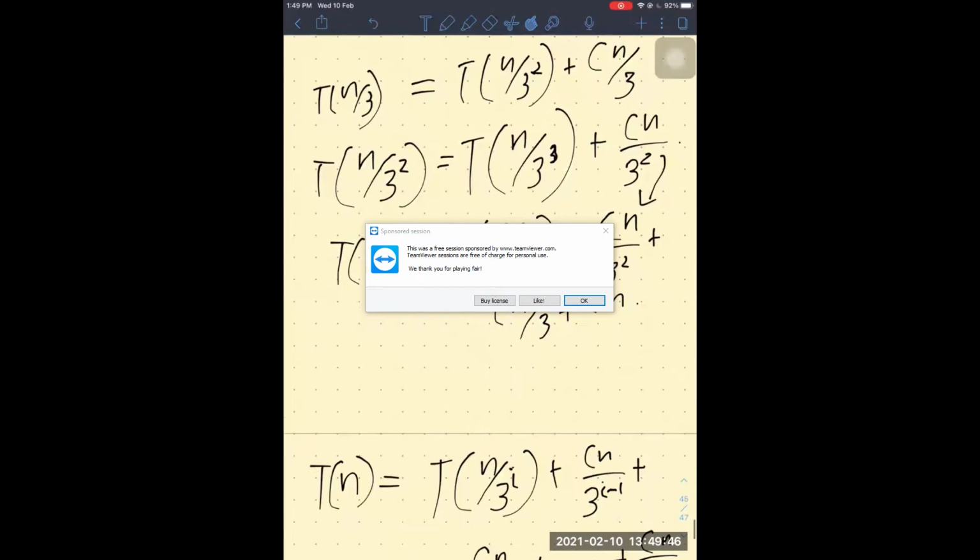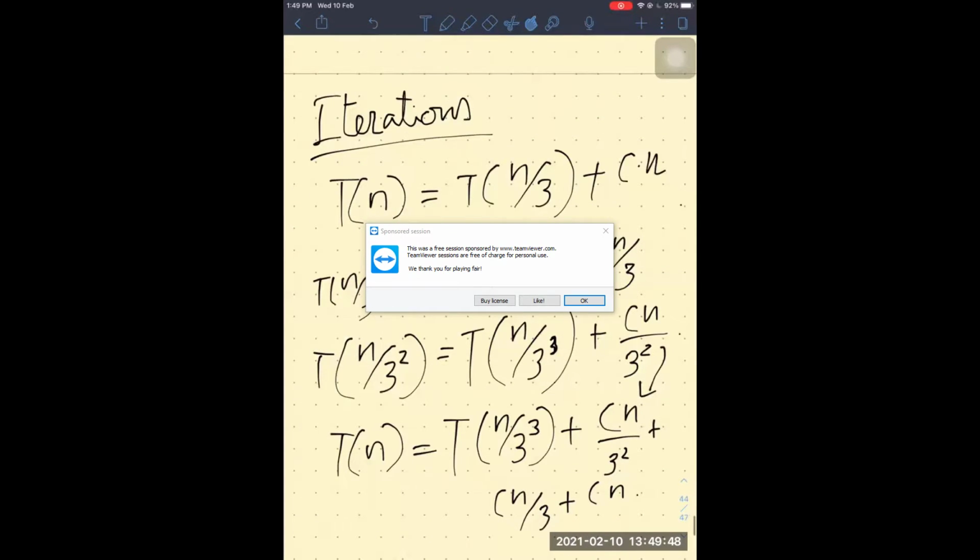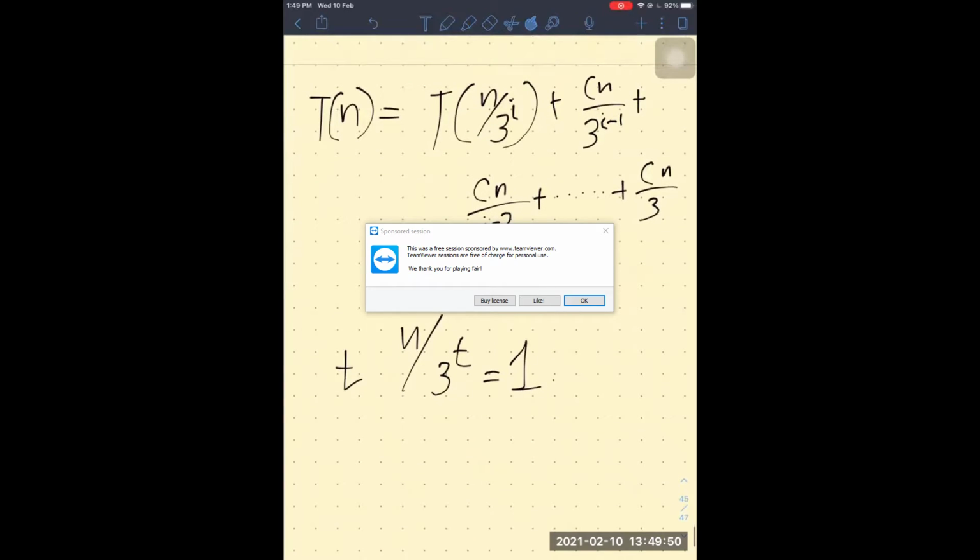Why would it need to equal 1 again? Like n over 3 to the power t. So we will assume that n over 3 to the power t is equal to 1 so that we can get the final answer for this equation. How do you get 1?